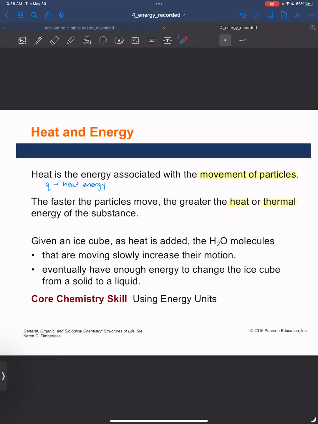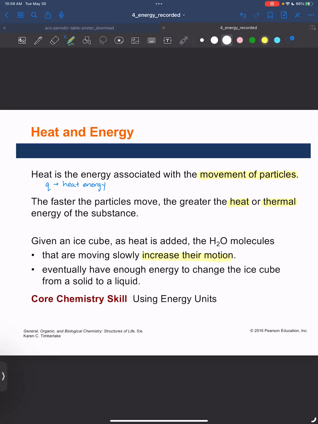Given an ice cube, as heat is added, the water molecules that are moving slowly increase their motion. So an ice cube is in its solid state of matter. But if we put it on the table, then it's absorbing heat energy from the table, from the surroundings, and those water molecules as a solid were moving slowly, but as they get more heat energy or more thermal energy, they start to increase their motion.